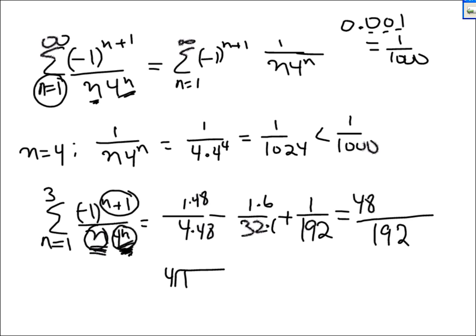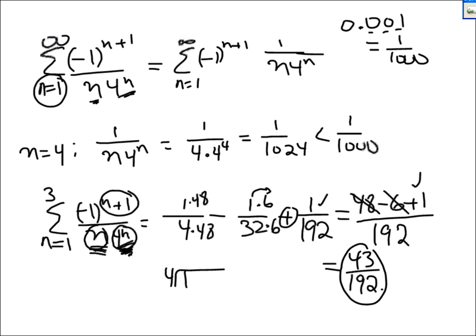Multiply top and bottom by 6. 1 times 6 is 6. So I get minus 6 over 192 plus 1 over 192. 48 minus 6 is 42 plus 1 is 43. 43 over 192. That's my approximation for the answer.